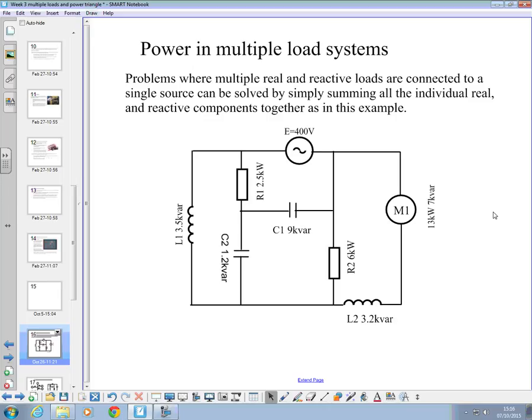So what we're looking at is calculating the overall P, Q and S connected to that system: the real power or active power P in watts, the reactive power Q in VARs, and the apparent power S in VA, drawn from that system.